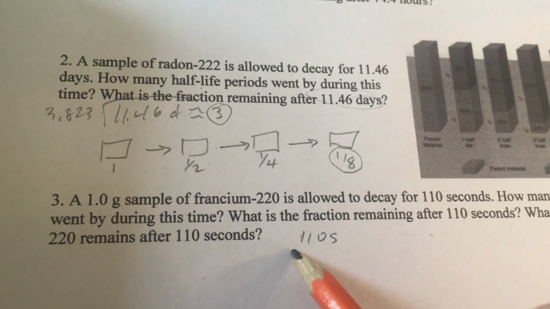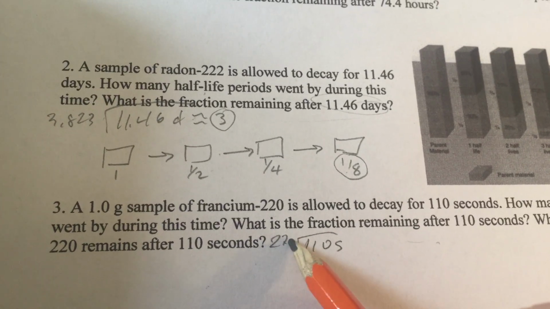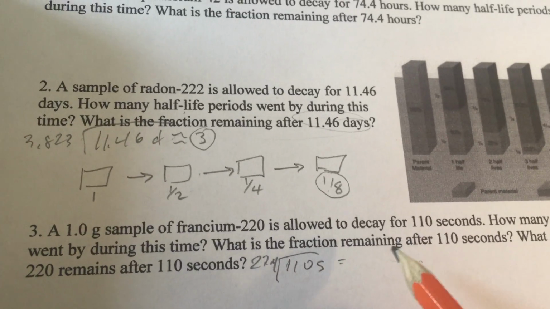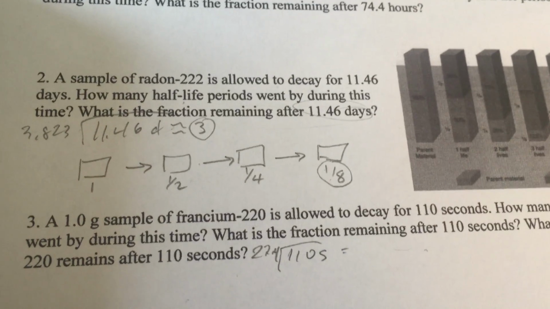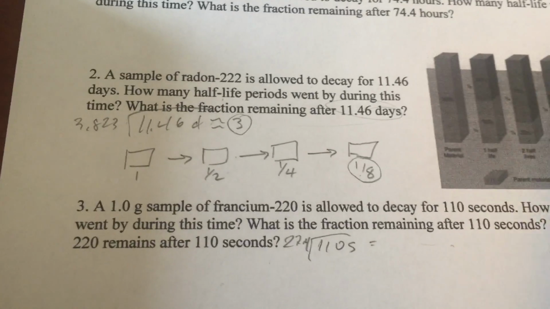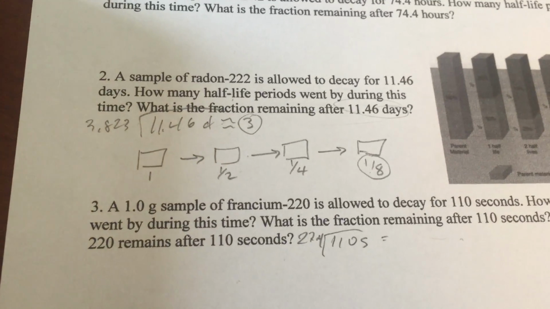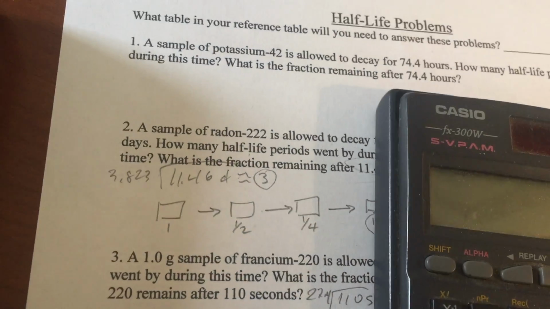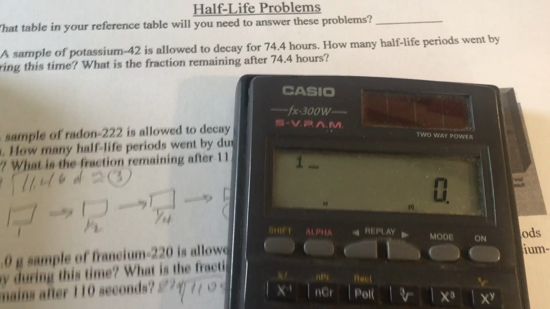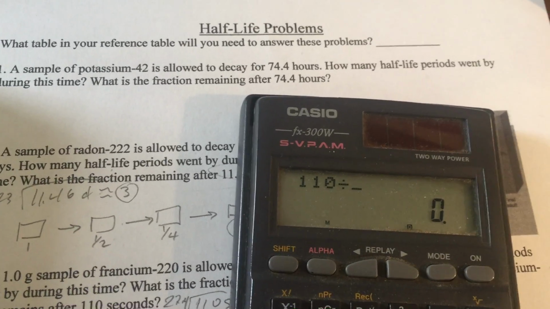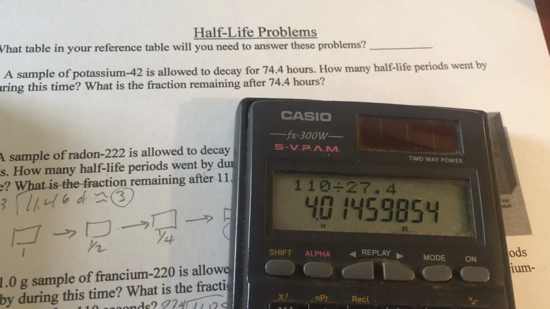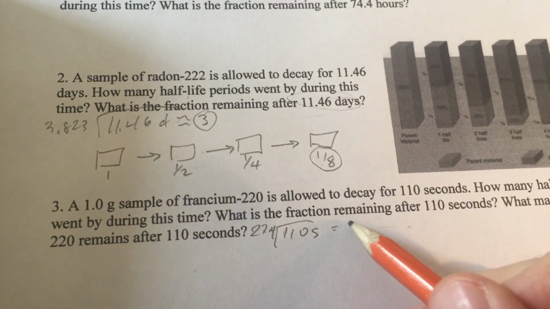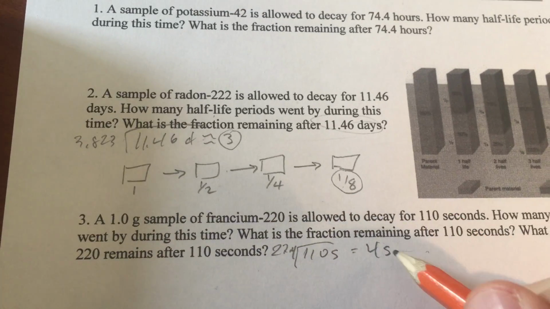So, if I divide this by 27.4, I'm going to get, what, 5 or 4? Let's look in the calculator. 110 divided by 27.4. 4. Okay, so this rounds to 4. Sorry, 4 half-lives.